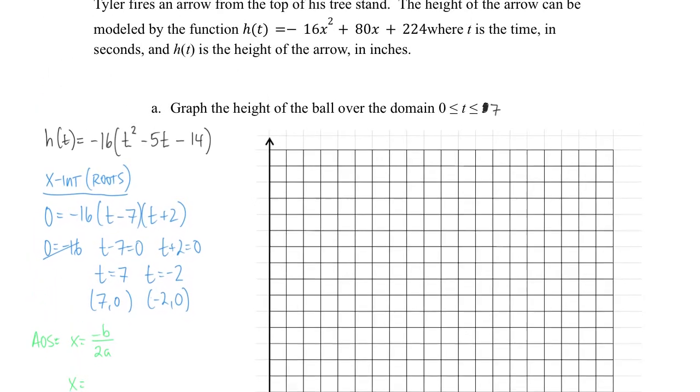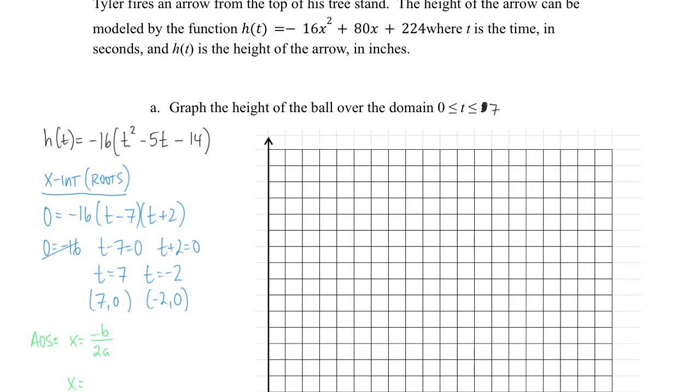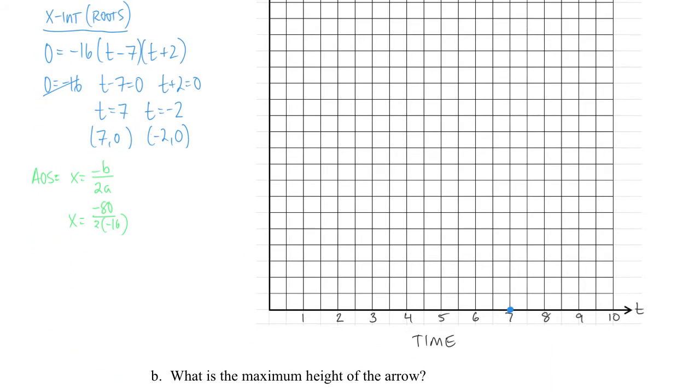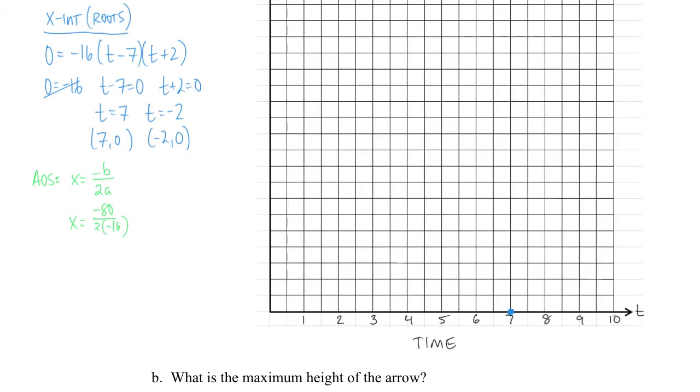So in this case, b is 80. So this is going to be negative 80 over 2 times a, which is negative 16. Okay, now when I put that into my calculator, I get 2.5. So now I know that my axis of symmetry is x equals 2.5.